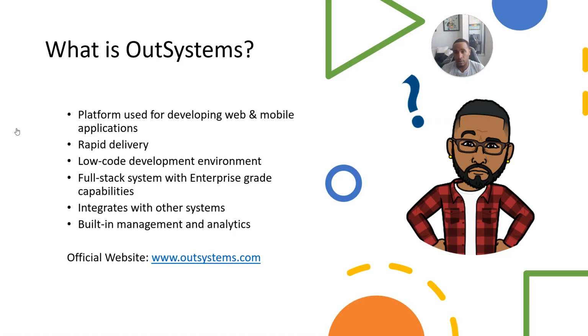What is OutSystems, right? So OutSystems is a platform used for developing web and mobile applications. It's used for rapid delivery. It's a low-code development environment. When you might be thinking about software development and coding, you might think of the Matrix, where there's a bunch of numbers and text on the screen. OutSystems doesn't focus on that. We're not going to be just sitting here writing code in a text-based editor.